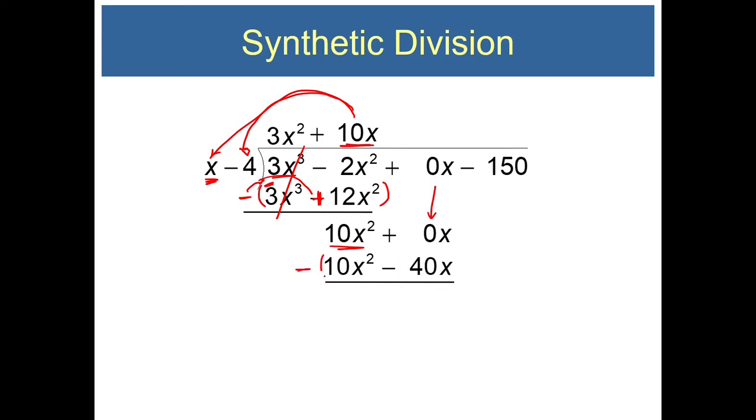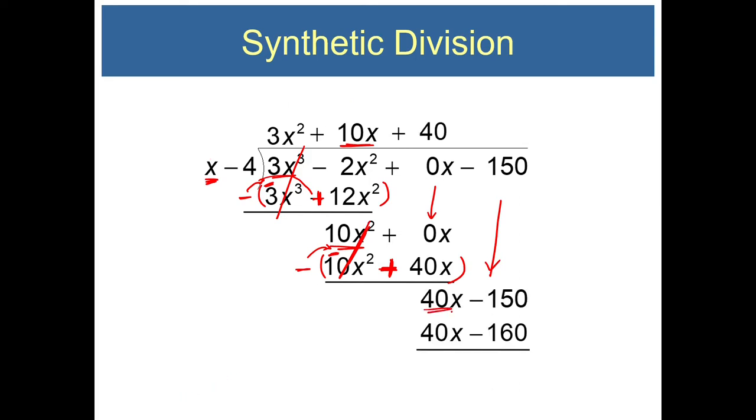I can distribute the negative now. 10x squared minus 10x squared cancels out. And this negative here becomes a positive because of the negative. And now we have 0x plus 40x. After we get 40x, we'll bring down the negative 150, and then we'll repeat the process.